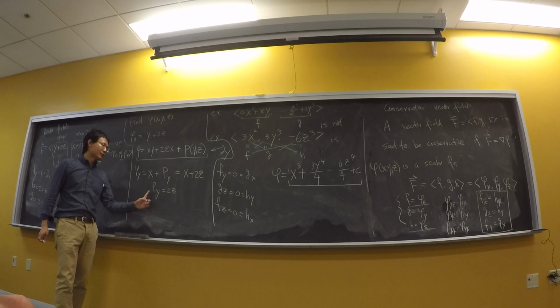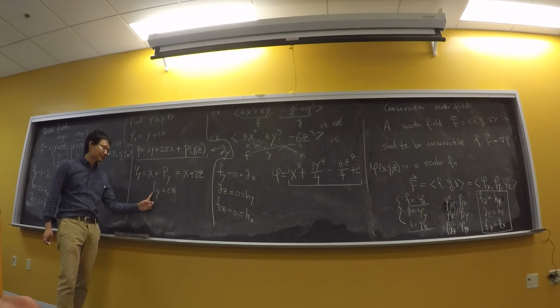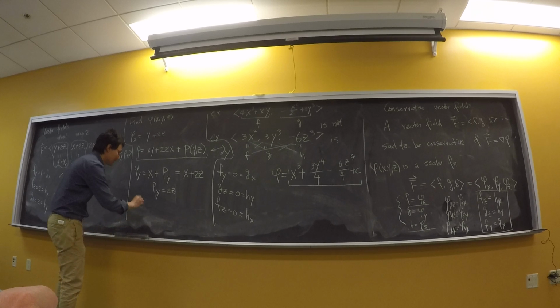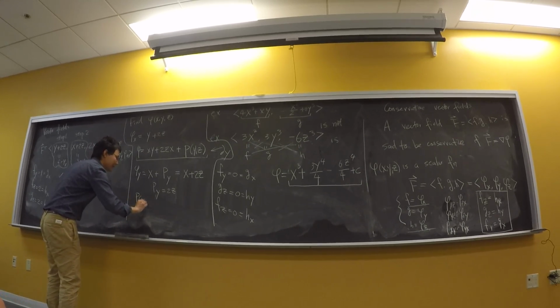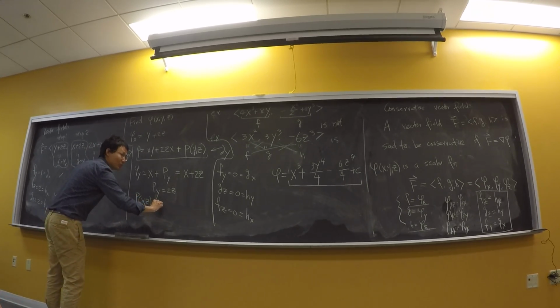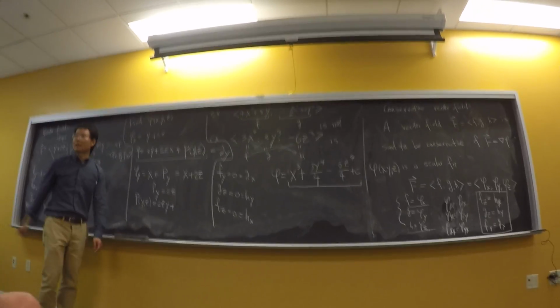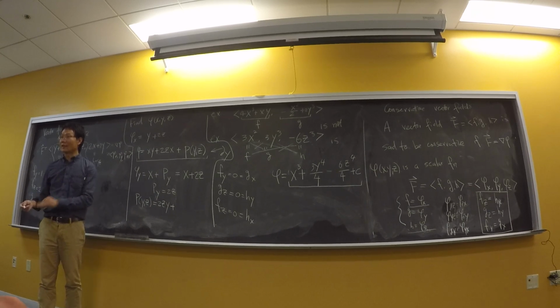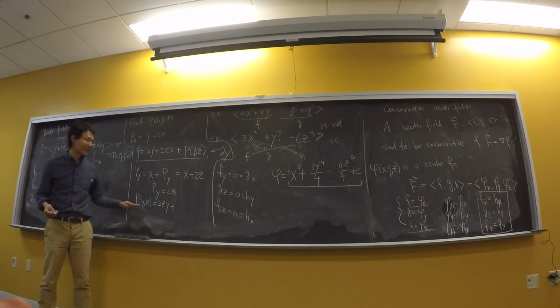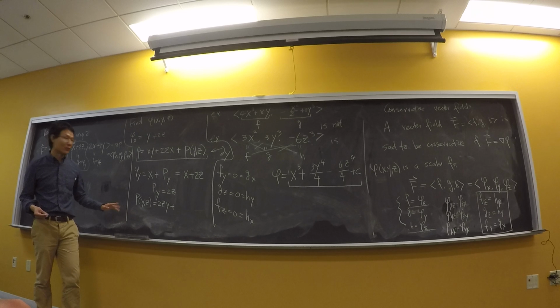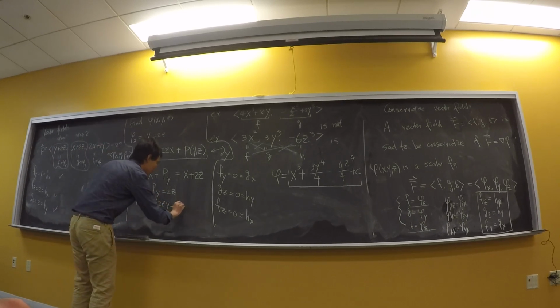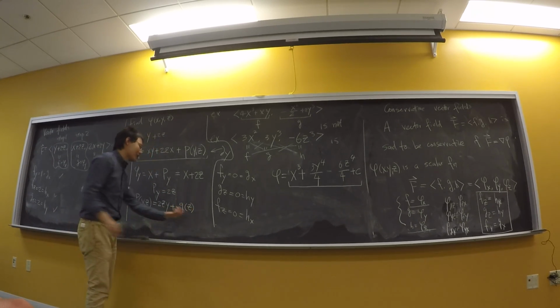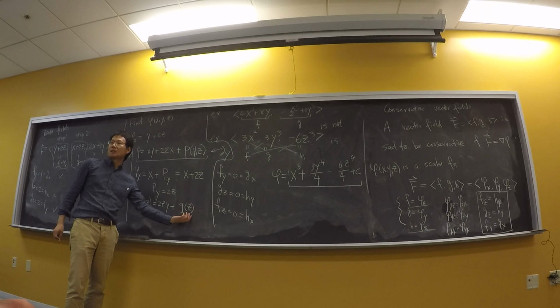Then I want to find the antiderivative of p_y with respect to y. z is the constant. So p of y, z has to be equal to 2zy, but I have a constant coming out. This constant can only depend on z, but not on y anymore, because in this second step, y is the variable, but z is the constant. So I have a q of z, and this function can only depend on z.